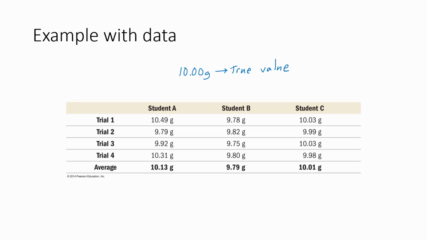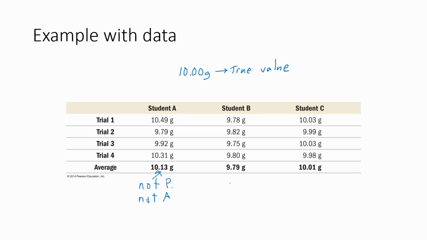Let's see, 10.5, 9.7-ish, 9.9, 10.3. These are kind of all over the place. And that's not very close to 10. Okay, so not precise and not accurate.